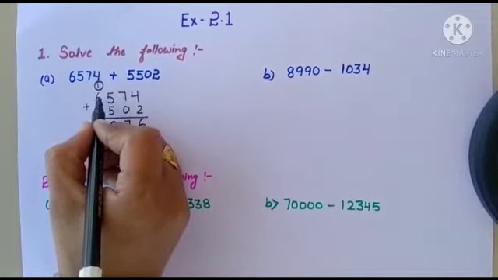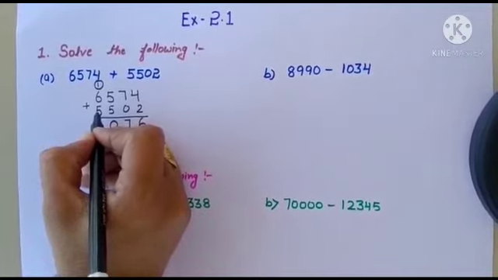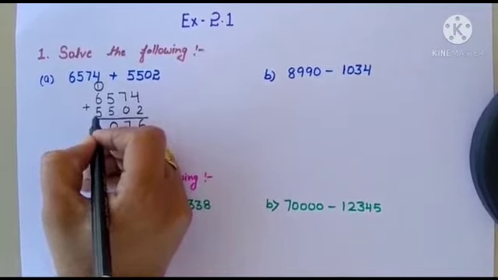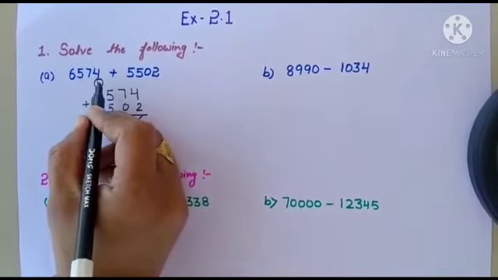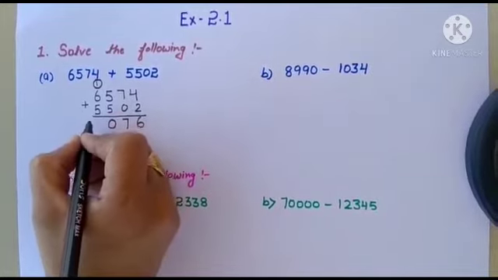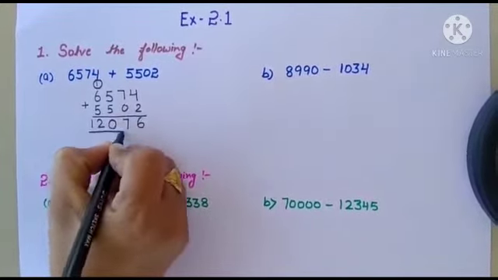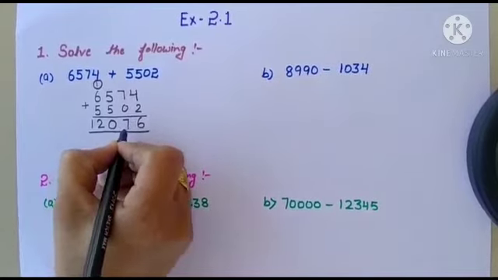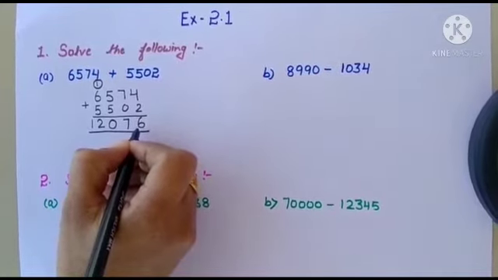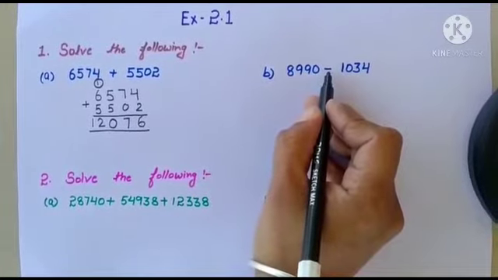Now we will do plus. 6 plus 1, 7. 7 plus 5, count with me. 6 plus 1, 7. 7 plus 5. I think you have counted it. It is 12. The answer will be 12,076.